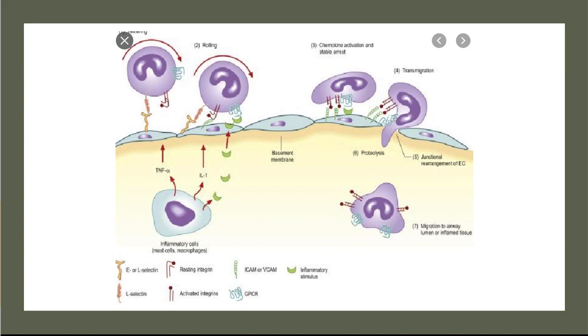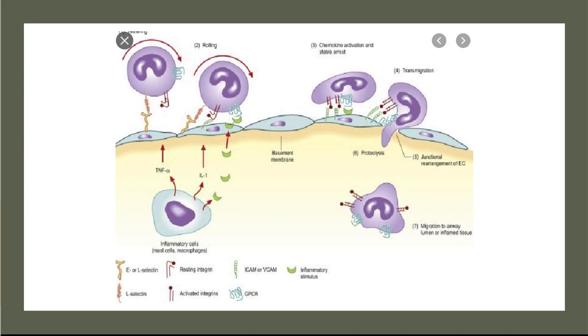Selectins mediate the initial weak interaction between leukocytes and endothelium. Selectins are receptors expressed on leukocytes and endothelium that contain an extracellular domain that binds sugars, hence the lectin part of the name.